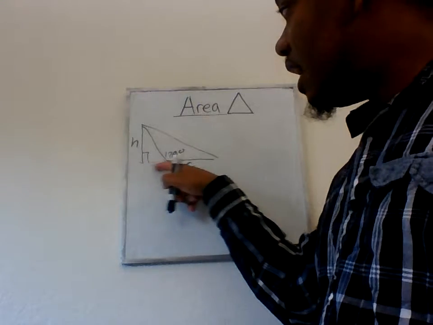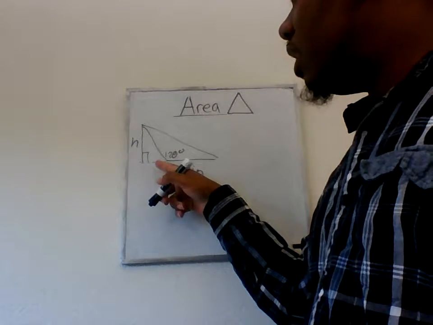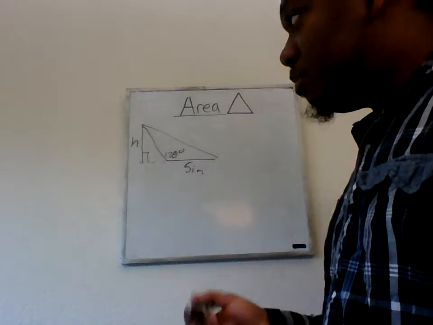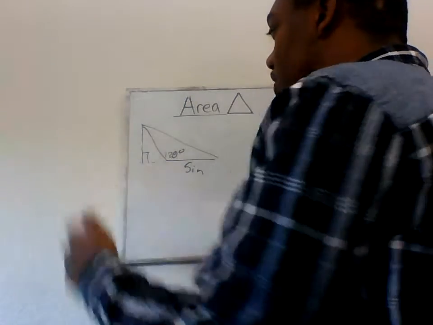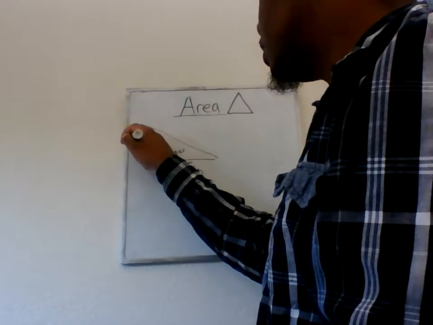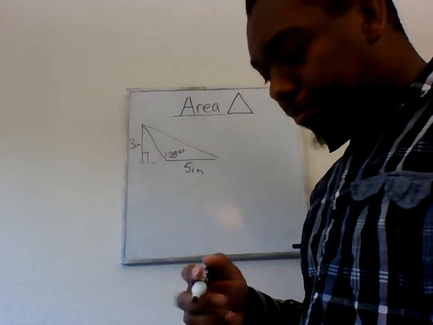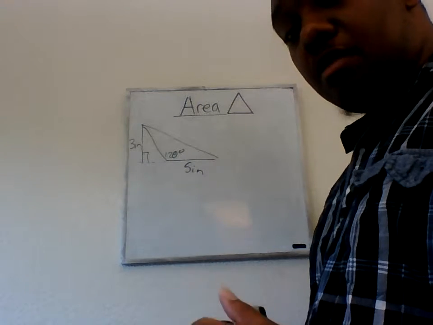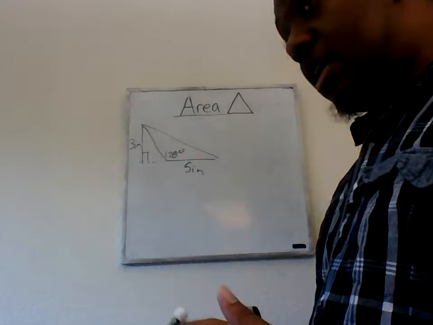And if I was given this line, I could do as we did before, use a trigonometric function in order to find h. For the sake of this problem, no, let's just say it's given to us, and let's just say we know that this is 3 inches. Okay? All right. So in that case, how do we solve for the area?